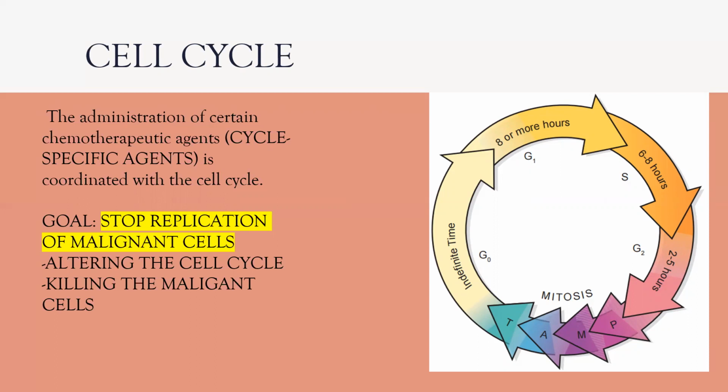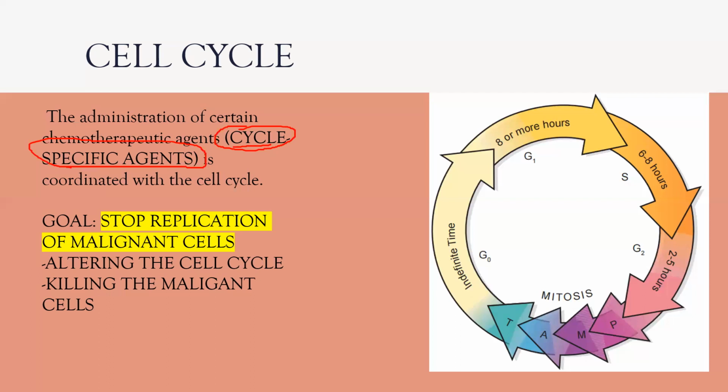Now, may mga klase po tayo ng chemotherapeutic drugs and they are termed as cycle-specific agents kung saan para mapatay po nila yung cells, they will either alter or they will stop the cell cycle. Sa cell cycle po kasi, syempre that is the process kung paano nagkakaroon ng cell division.